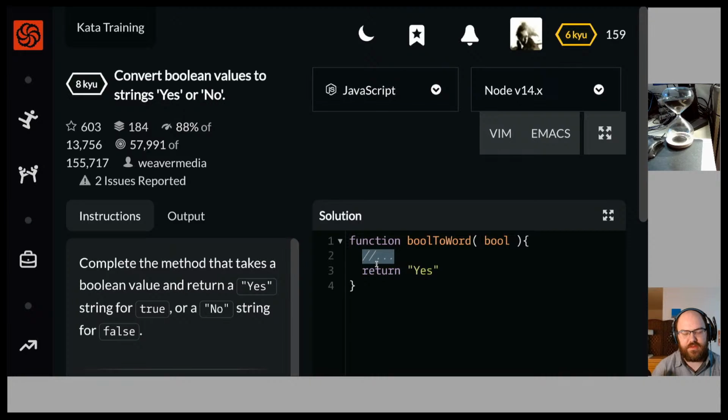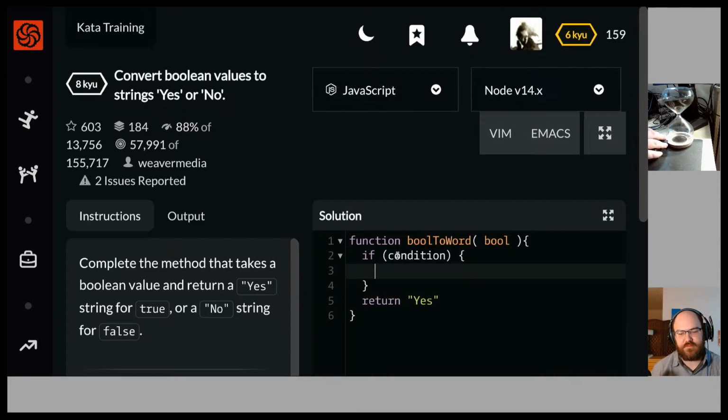And I know I will need an if statement, so I'll start by writing if condition and then my braces. And now I kind of see how this can come together. If the condition is true, return yes.